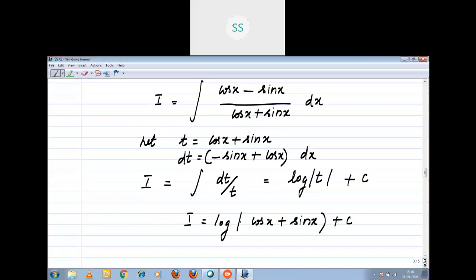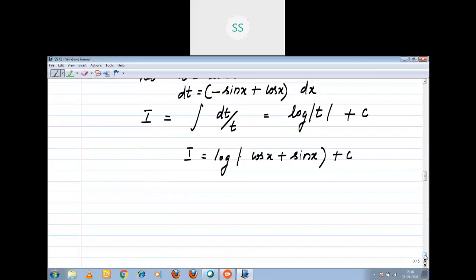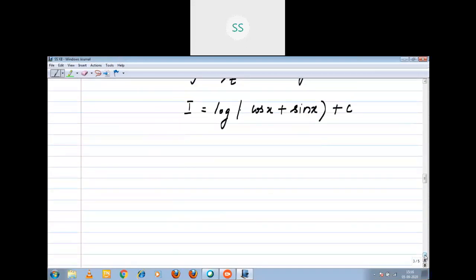Now I am going to move to question number 21. Integral sin inverse cos x dx.